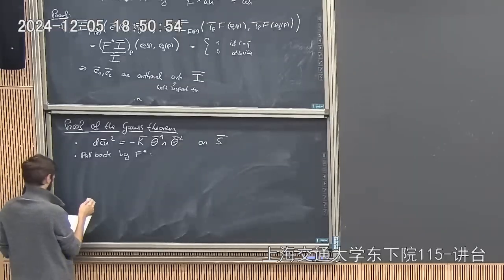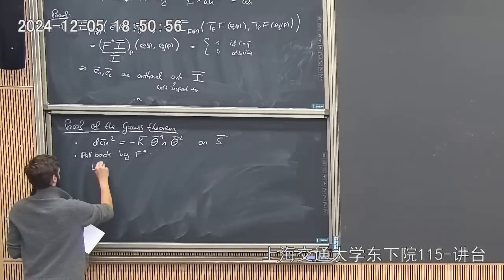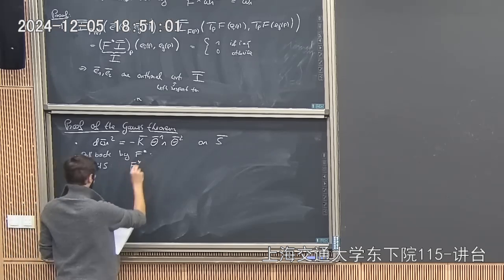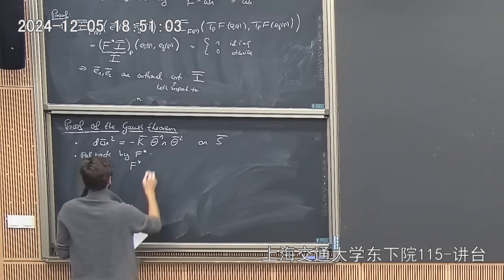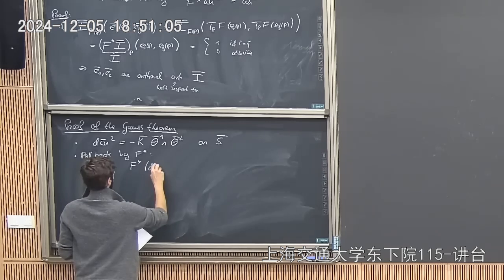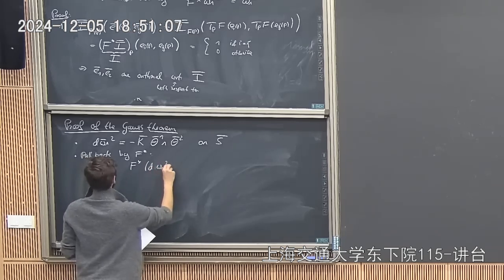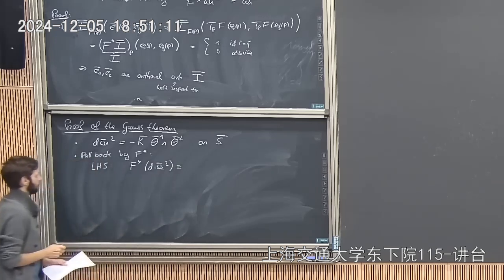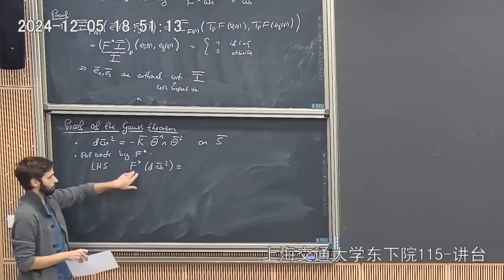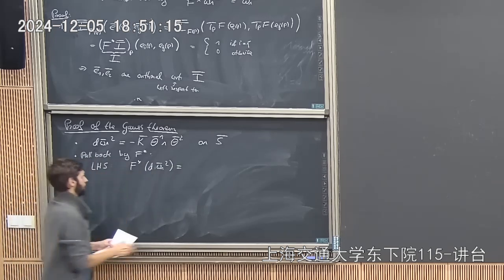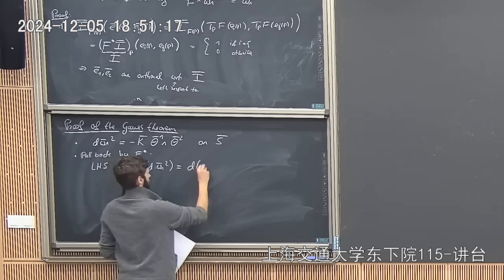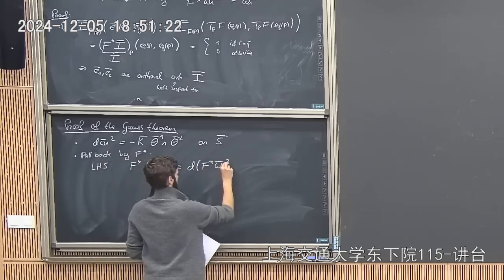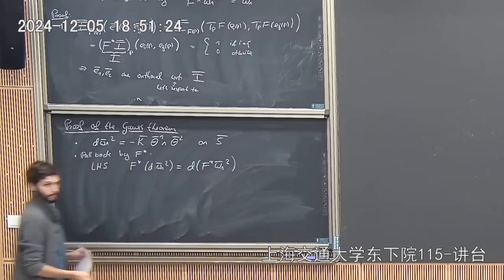First, let's start with the left-hand side. So we would like to analyze what the pullback F star of d of the connection form is. Now we use the first trick: d and the pullback commute. So the first one is d of F star of the connection form omega 1, 2 bar.